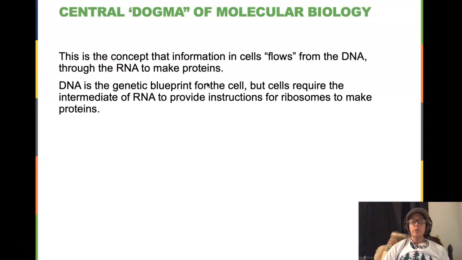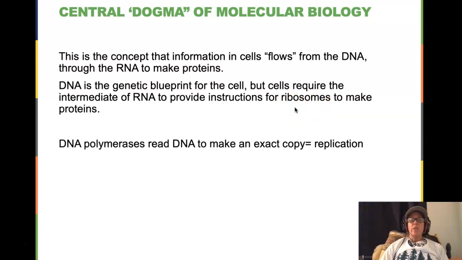So DNA is that blueprint. If we don't have RNA, we don't have the instructions that the ribosomes need to make those proteins. We saw in the previous chapter that DNA replication required DNA polymerase I and DNA polymerase III to make an exact copy, and that process is called replication.